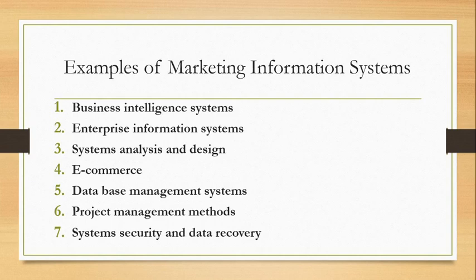We can have the business intelligence system, enterprise information system, system analysis and design, e-commerce, database management system, project management methods, system security and data recovery management systems. All these are examples of different marketing information systems used and sourced according to the requirement of the organization and the requirement of the decision makers.